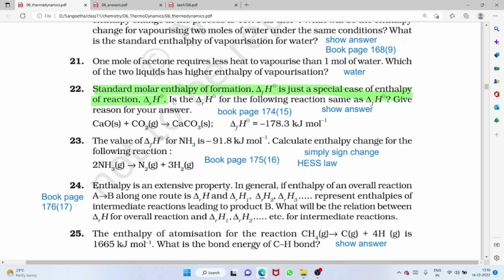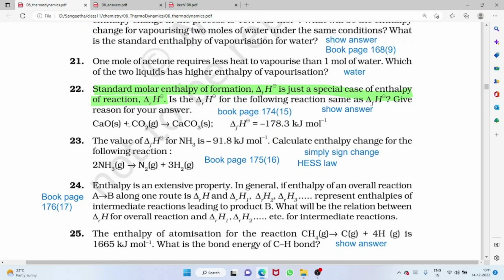Standard molar enthalpy of formation is just a special case of the enthalpy of reaction. Is the reaction enthalpy for the following reaction the same as the formation enthalpy? Give the reason. The reaction enthalpy is equal to the formation enthalpy only if the compound is formed from its constituent elements.